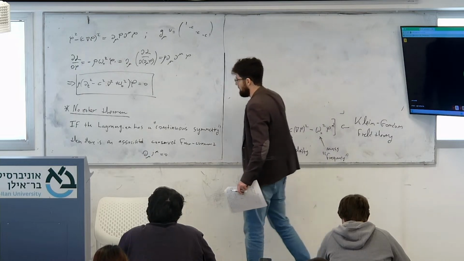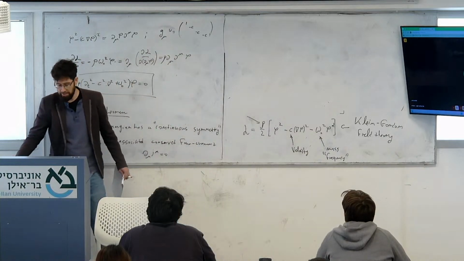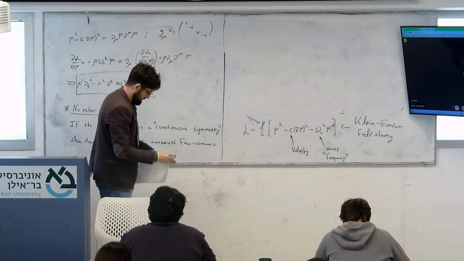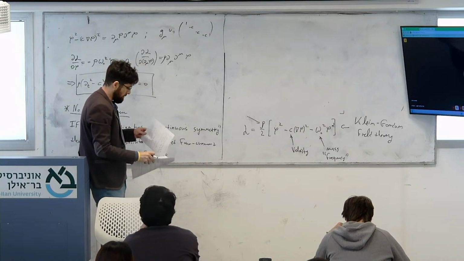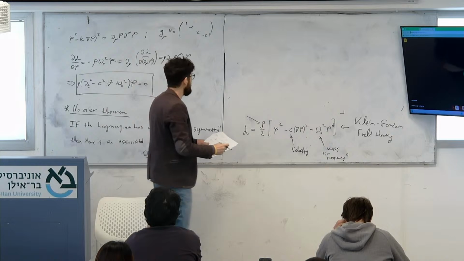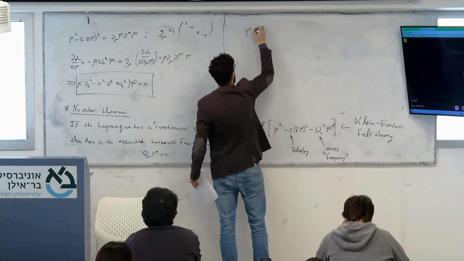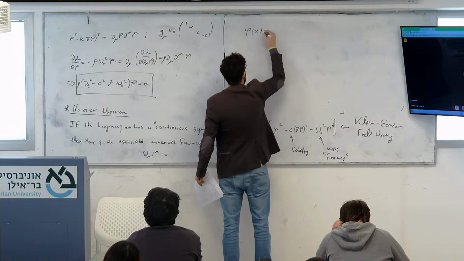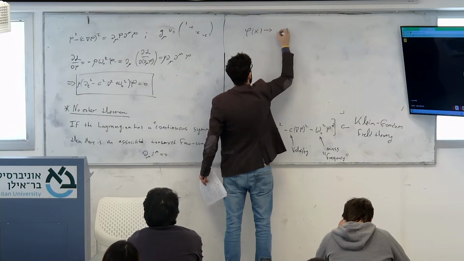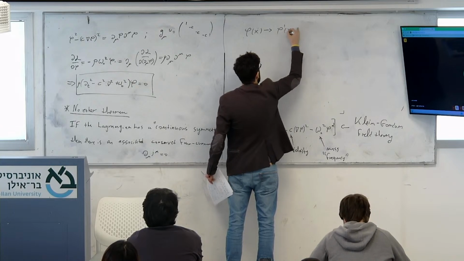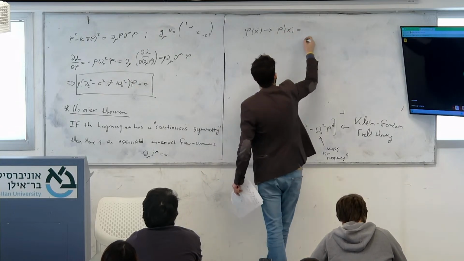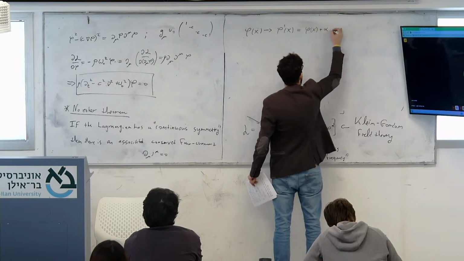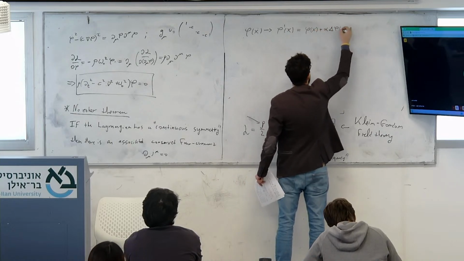So first of all, what do we mean by a symmetry? Imagine that we perform some change. Okay, so phi of x goes to some phi prime of x, which is equal to phi of x plus some alpha delta phi of x.